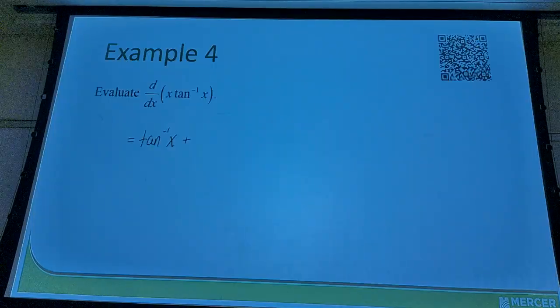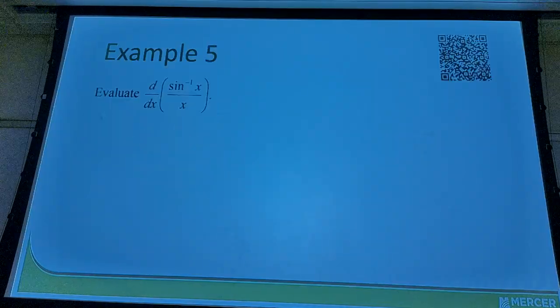One over 1 plus x squared. There's your derivative. Of course, they have to have a quotient in there. Why not?